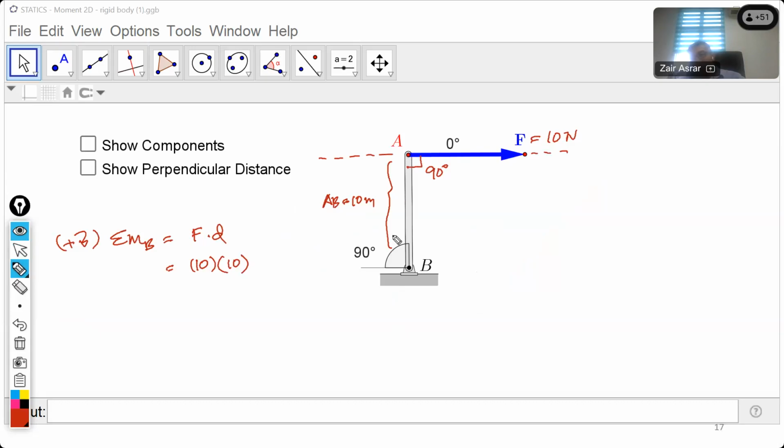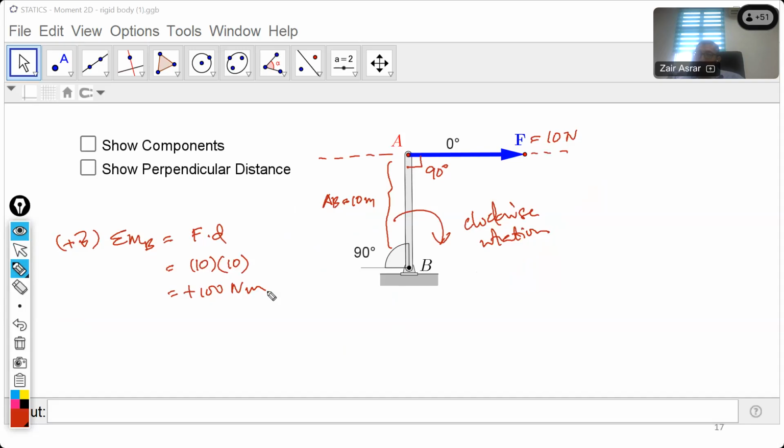It will tend to rotate AB in a clockwise rotation. And since clockwise rotation is along the same direction as our positive convention, what we have here is a positive 100 Newton meter.